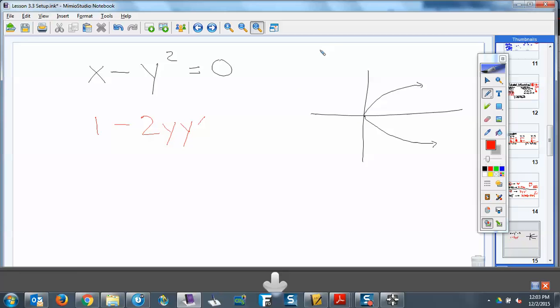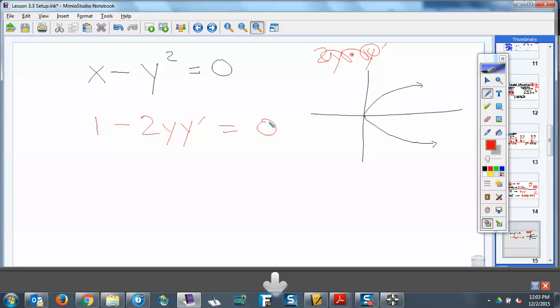Now, I see people do this a lot, 2y and then put a big dot and y prime, like there has to be this separation there. No, it's just 2y y prime, right? Like that. Equals, what's the derivative of 0? 0, right? So we can't forget we're doing the derivative of both sides.